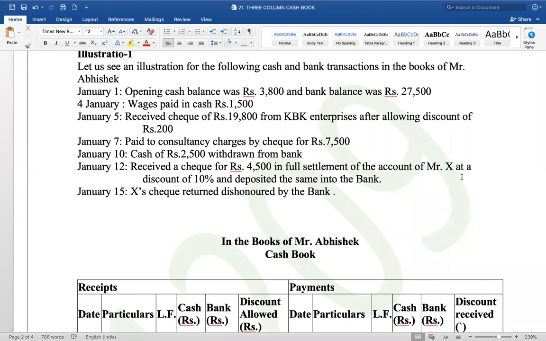Look at this one: opening balance of cash and opening balance of bank are given. What do you generally do when you see an opening balance? Balance carried down.